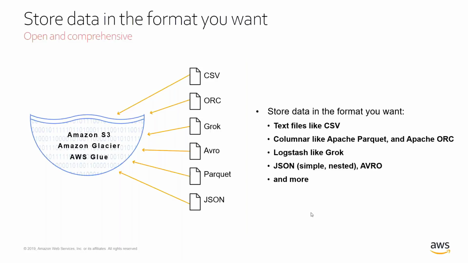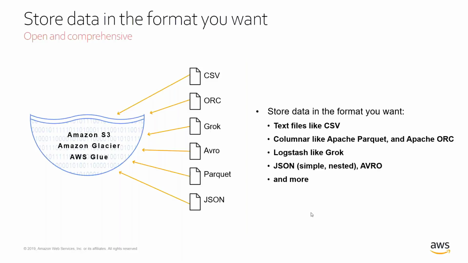That may be your structured data or even unstructured data or semi-structured data. And that storage service is S3. Amazon S3 is a great cost-effective storage system for all your data. Like I said, all the data structures that I've mentioned.